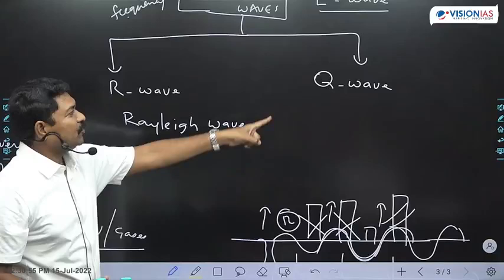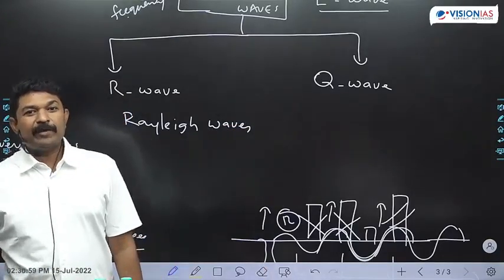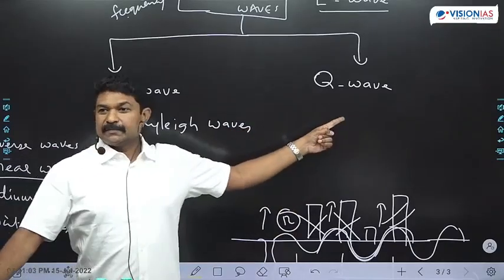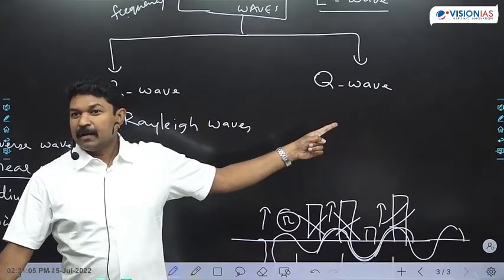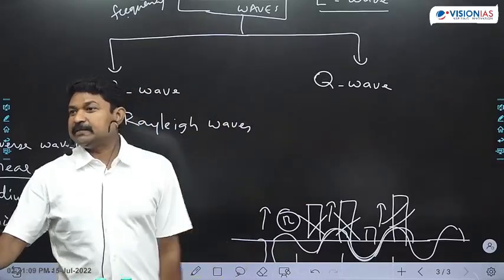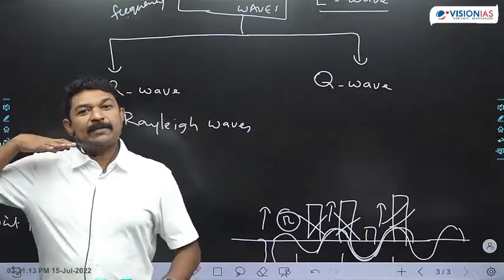Now come to the Q wave. See the Q wave. Out of all the waves, which waves are deadly dangerous? Q waves. Are they more dangerous than the R wave? Yes, they are more dangerous than the R wave. How are they moving? What is the direction?